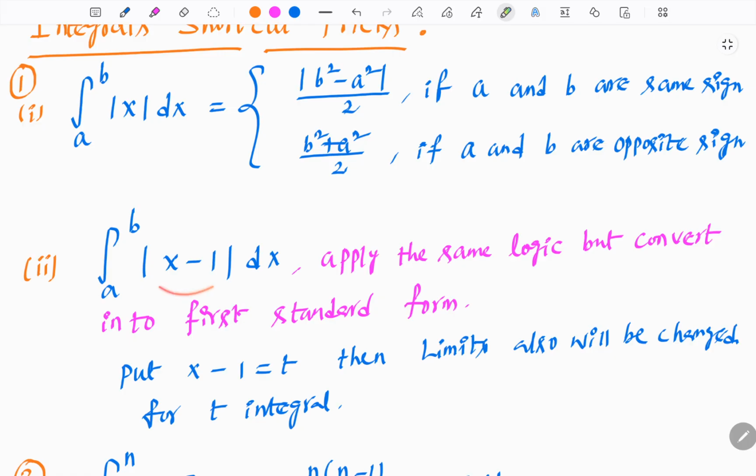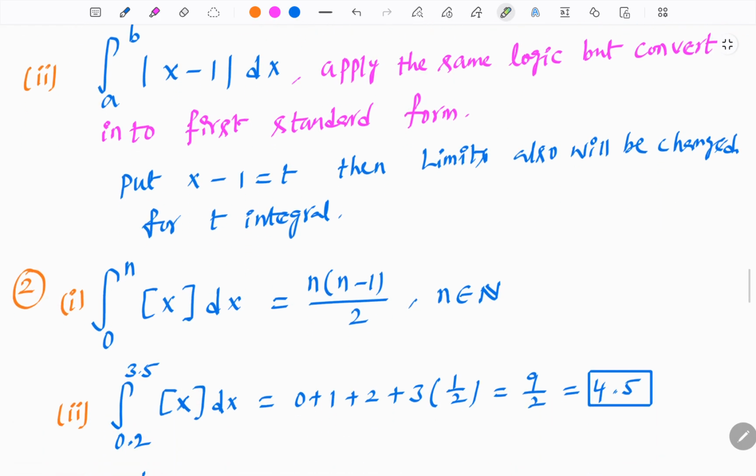First you should take some substitution, then it goes to t. Whenever we take a substitution, the limits that were applicable for x are now applicable for t, so you should change them, students. Clear? Suppose they give one more modulus also, then these limits will be changed again, with the same concept, and you will get the answer. Clear? It is one shortcut trick.